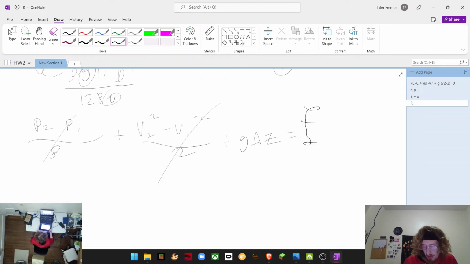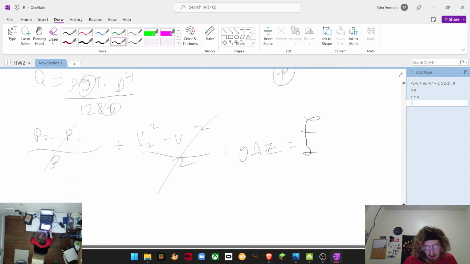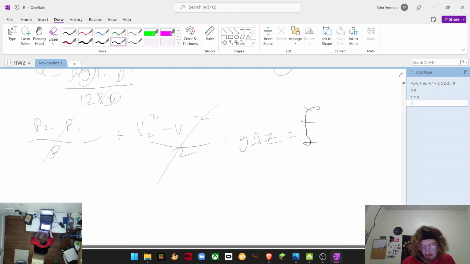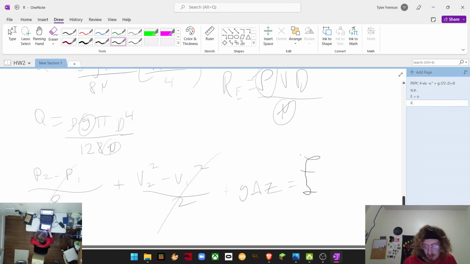So we can substitute our value for g into Bernoulli's equation and use that in terms of our frictional heat. I might have called this our friction factor. It's not. It is our frictional heating.